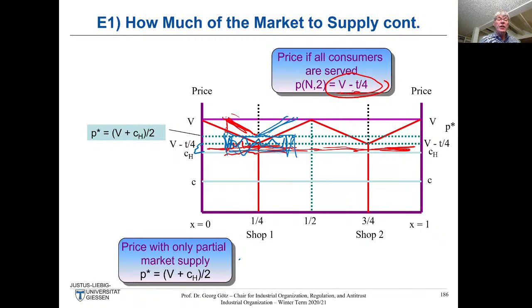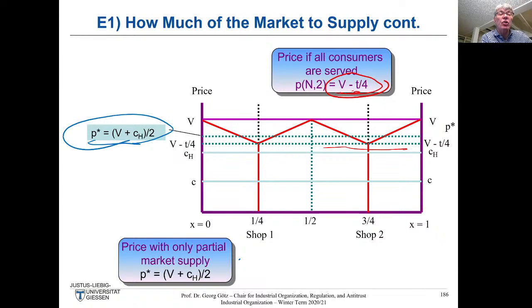Here it's really clear, because your monopoly price is higher. And I erase it again, otherwise you won't recognize anything anymore. Because your monopoly price P star is now above the price in which you serve everyone.